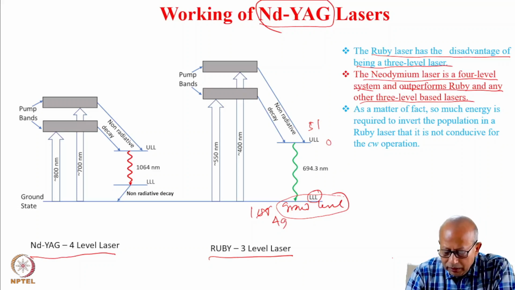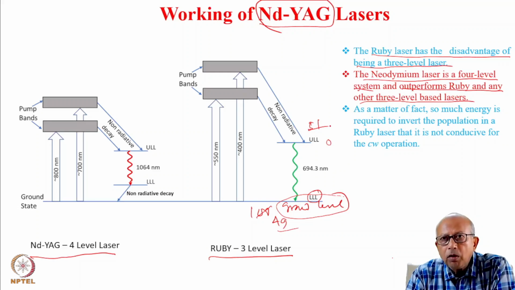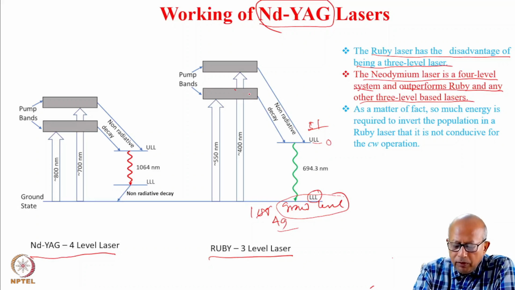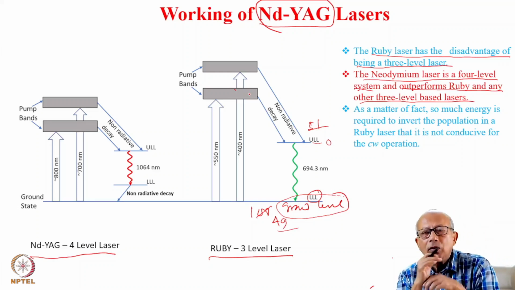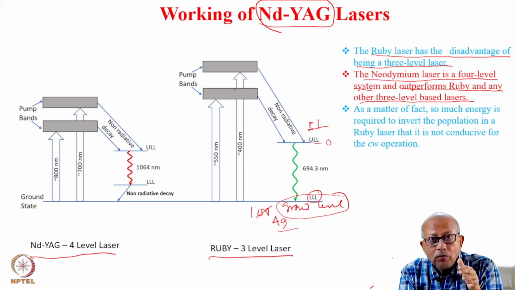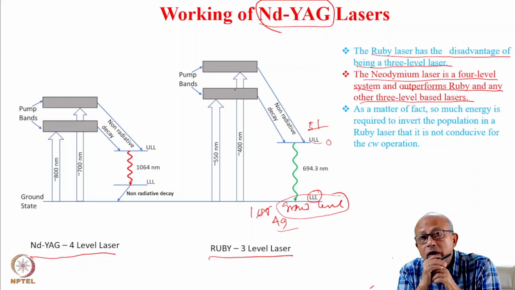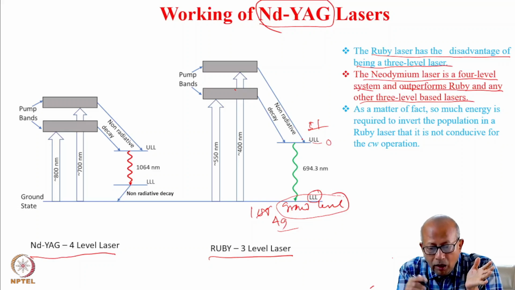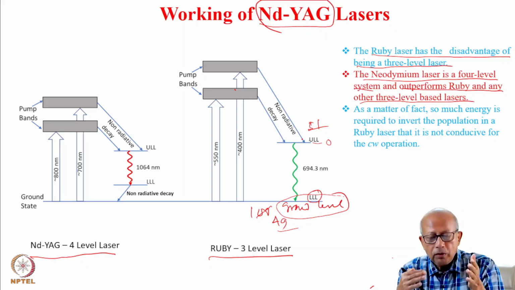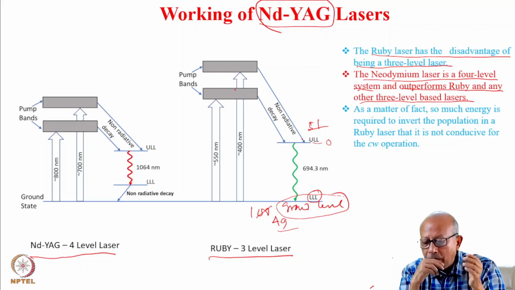So transferring such a huge number of population from the ground to the upper laser level, of course via the pump level, is indeed a Herculean job. And to maintain this population inversion in a continuous manner is very challenging. That is why ruby laser would not operate in a continuous mode. It is normally operated in the pulsed mode, as you are already aware.